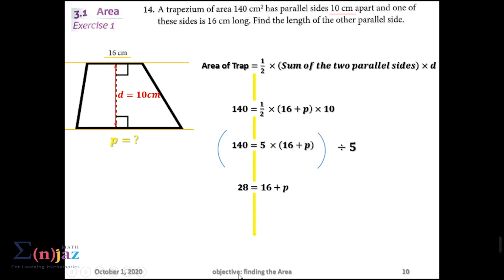And then you subtract 16 from each side of the equation because we're solving for P. We're making P the subject. And accordingly, we're going to end up with the exact same answer as the previous method that I mentioned. So P will come down to 12 centimeter.